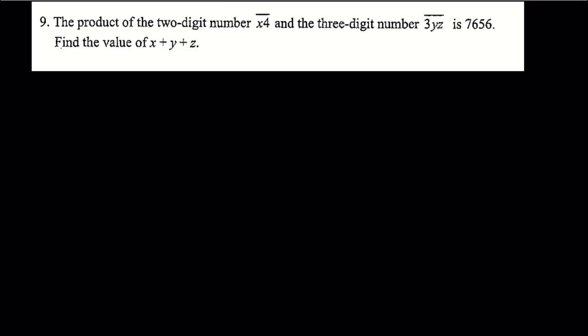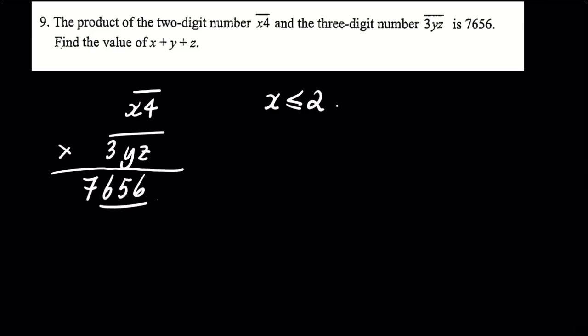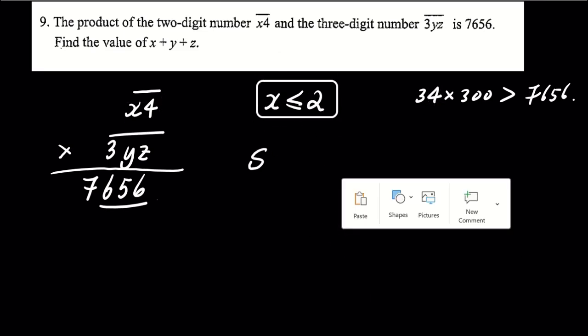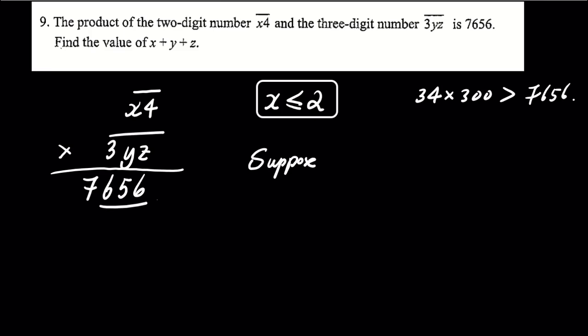At first glance, we can determine that x cannot be more than 2. Otherwise, the product of x4 and 3yz would exceed 7656. Let's take x equals 2.